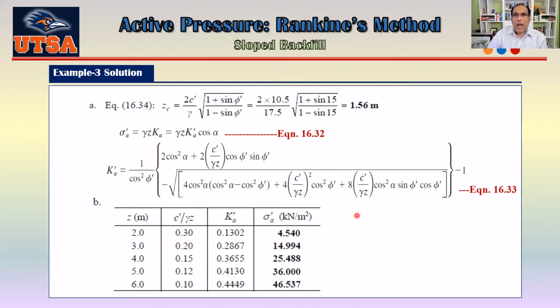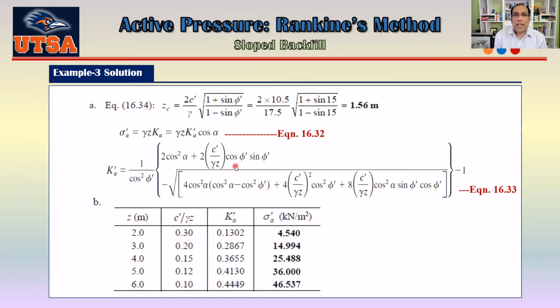And if you plug the basic information like your phi prime, your alpha, as well as C prime by gamma Z, which actually varies with your Z, then basically you can plug all those things on that equation and you can find out your Ka prime. It's a little bit difficult to calculate your Ka separately all the time.